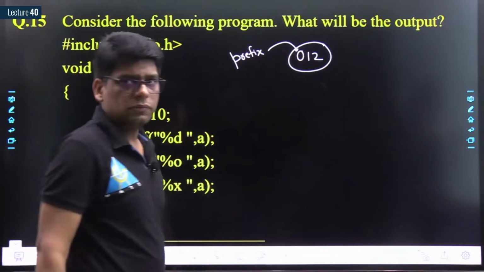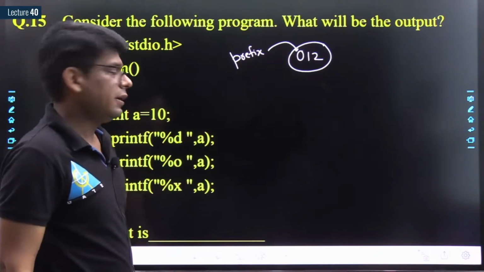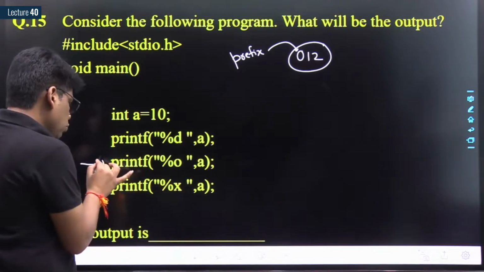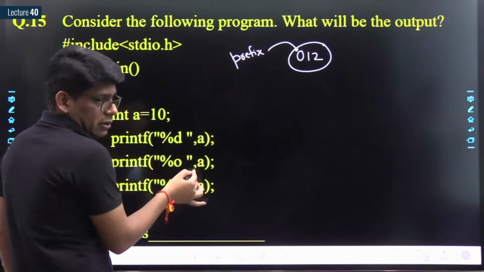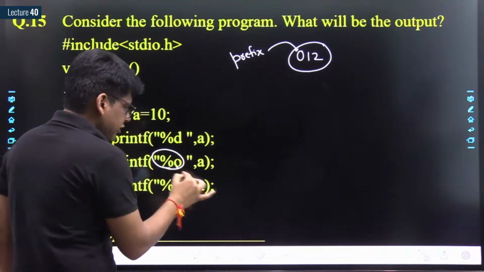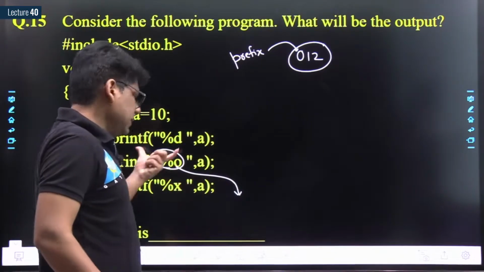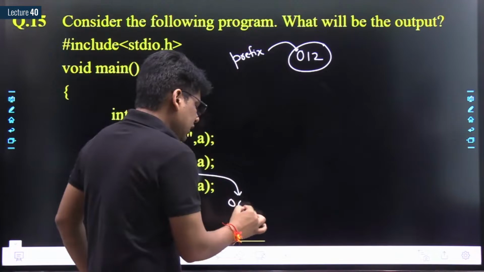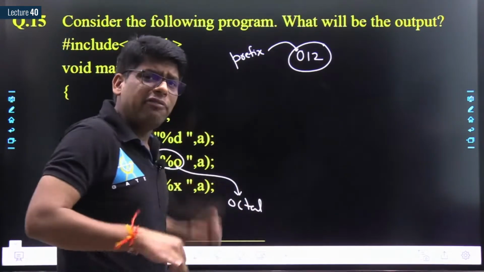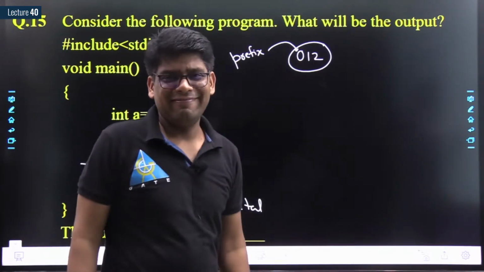Okay. But when we try to print something in octal, that means we already know that whatever be the output of this printf, it is an octal system. Why would the compiler append a 0 for us?